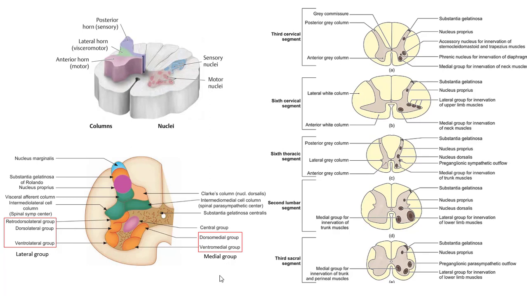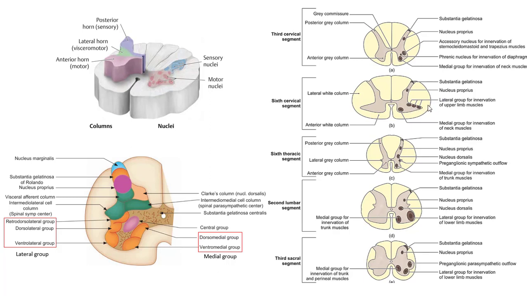Unlike the medial group, the nuclei of the lateral group are only present in the cervical and lumbar regions of the spinal cord. And if you remember, I mentioned cervical and lumbar enlargements of the spinal cord in the previous lecture.